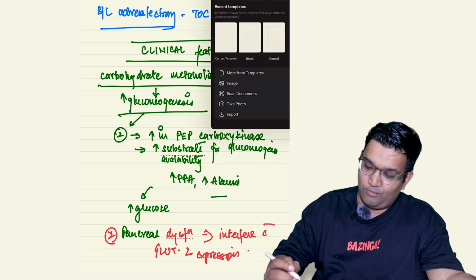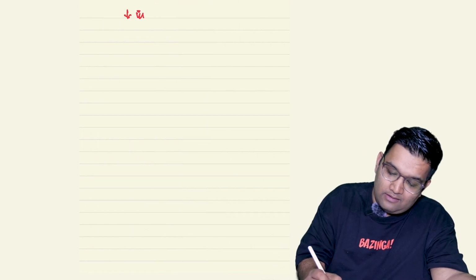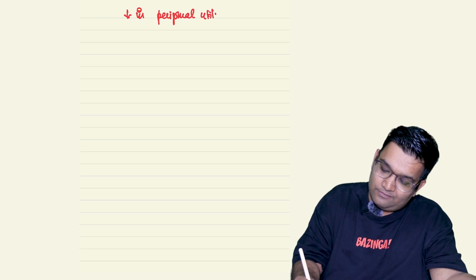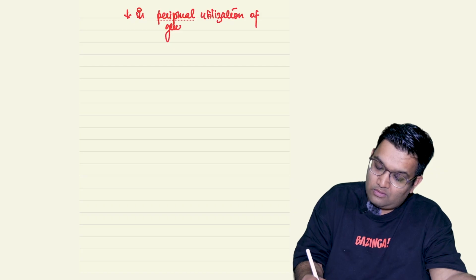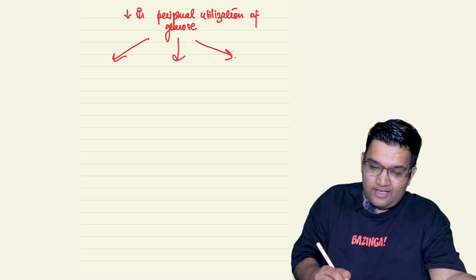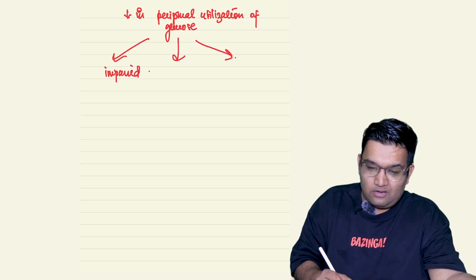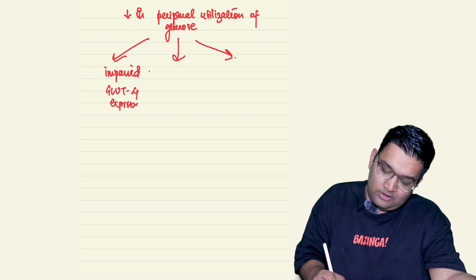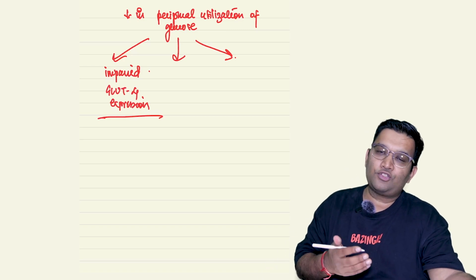And one of the most important things is the decrease in the peripheral utilization of glucose. This is going to occur by three mechanisms. One is impaired GLUT4 expression. This is expressed on the skeletal muscles, and so the peripheral uptake of glucose is going to reduce.